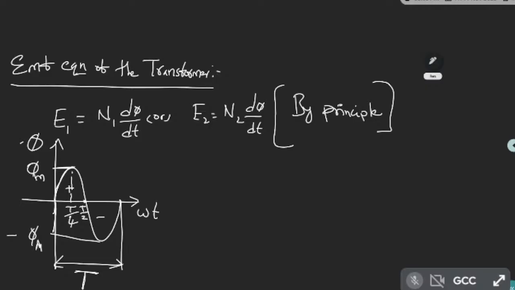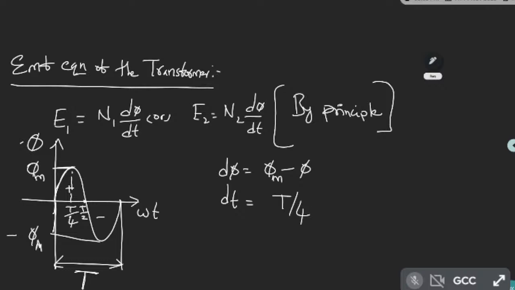Okay, so here dφ is nothing but φm. We are getting the maximum value, 0 to φm. What is dt? When we get φm, we get it in T by 4 time.